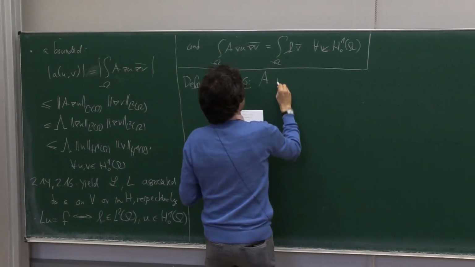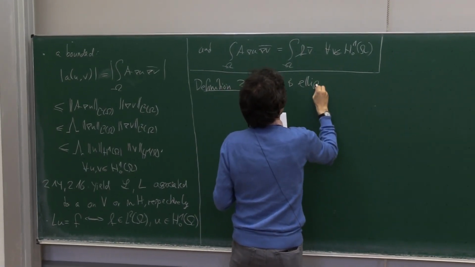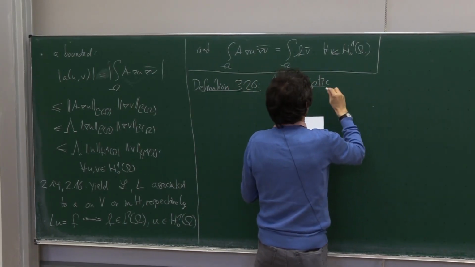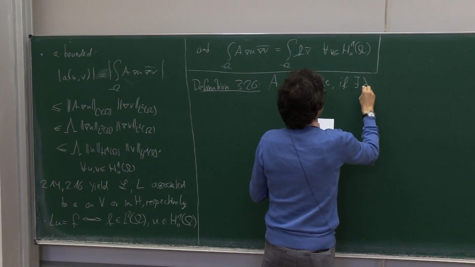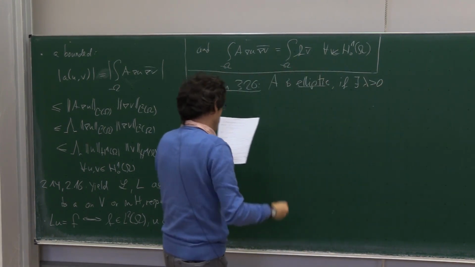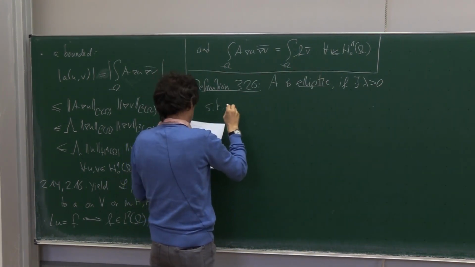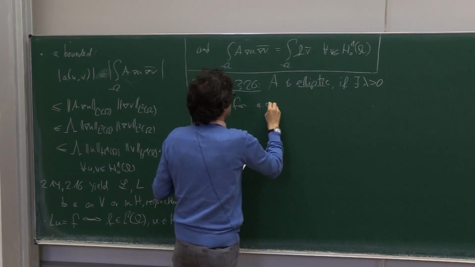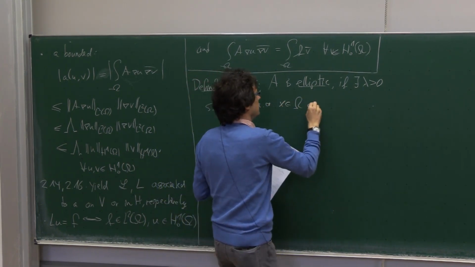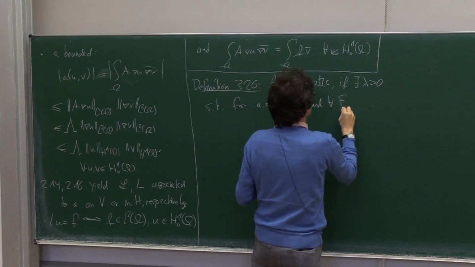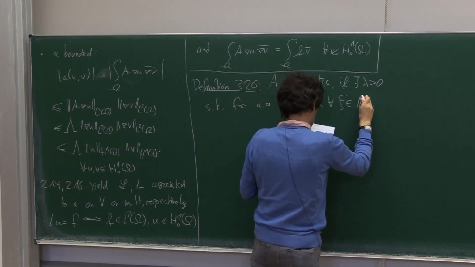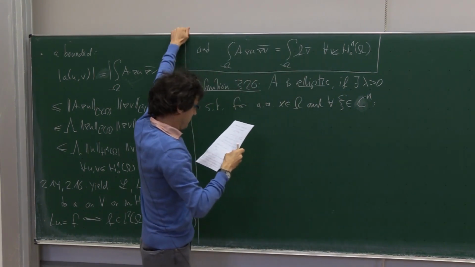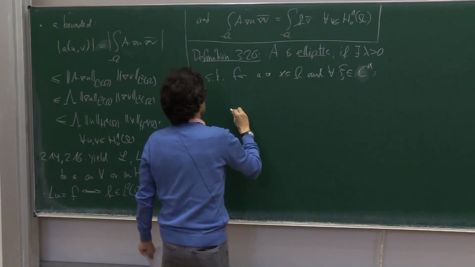So we say that the matrix function A is elliptic if there exists some positive lambda, so this is now small lambda, such that for almost all x in omega and for all psi in C^n, we have the following estimate.